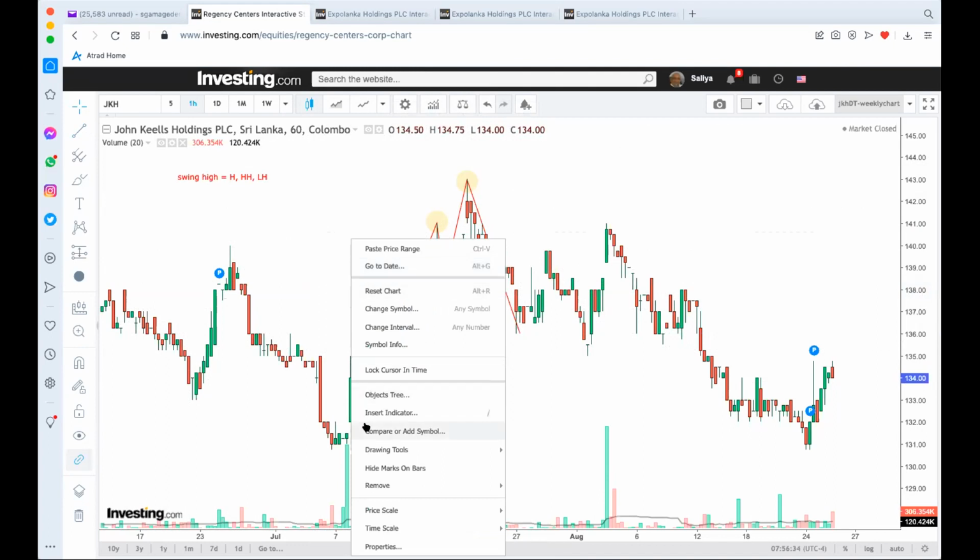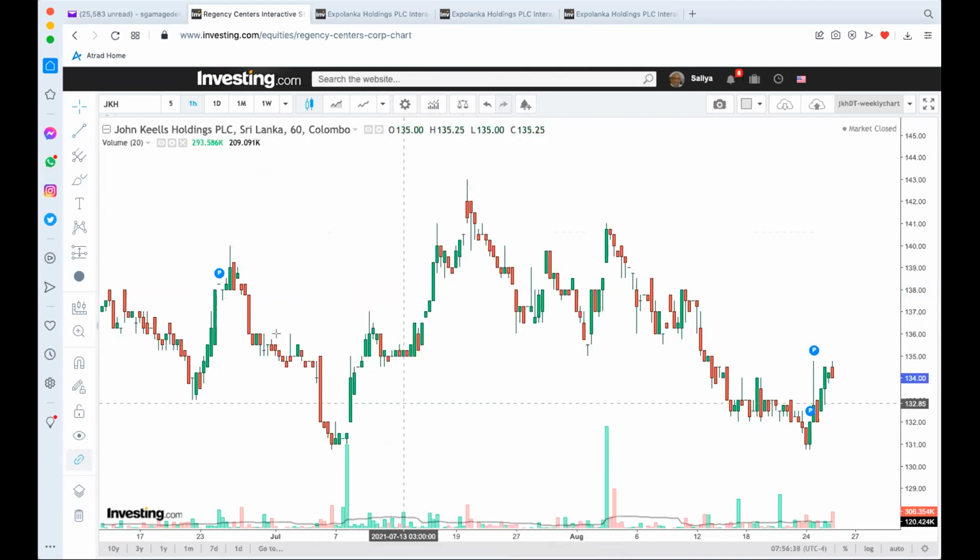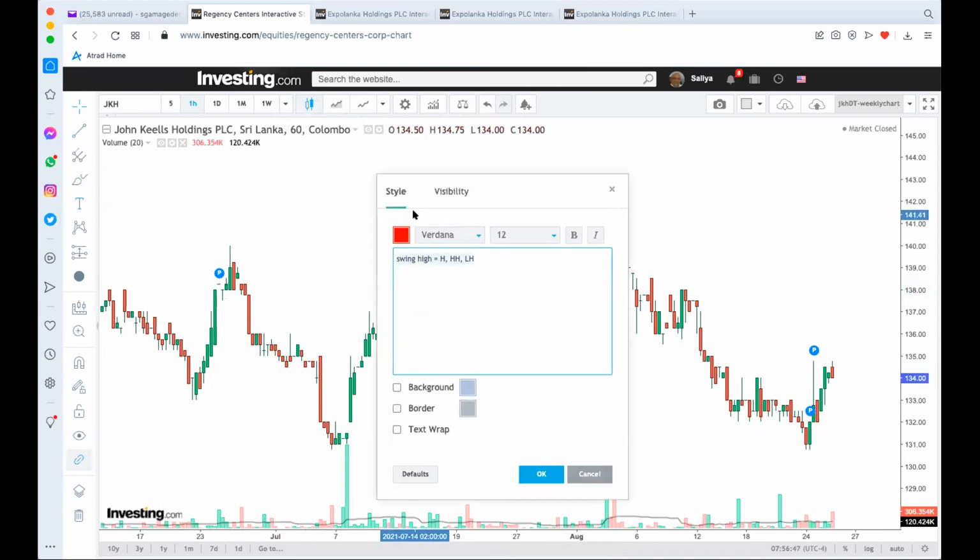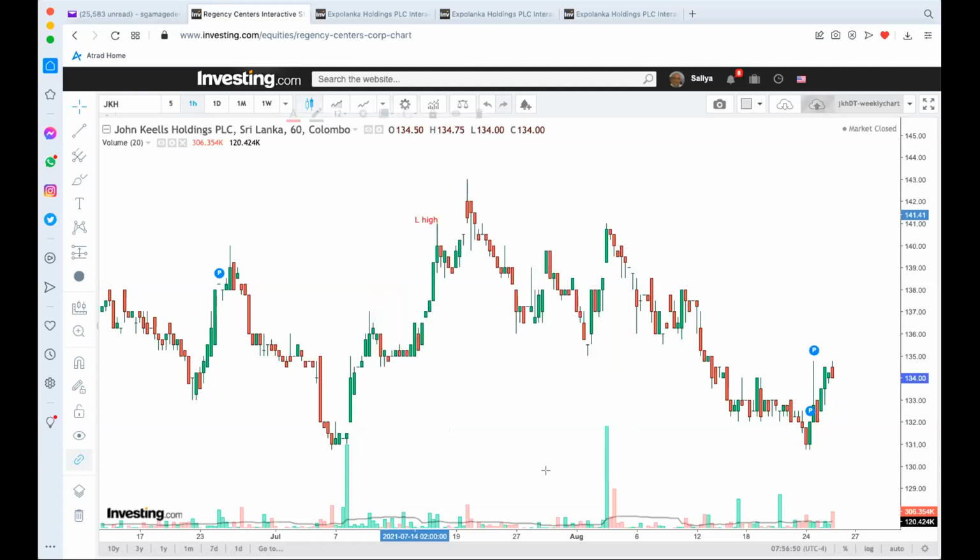But once again, let me go through the process. Once you figure out this high, which is the left high, once again, let me show you the left high. Then you wait for the low.